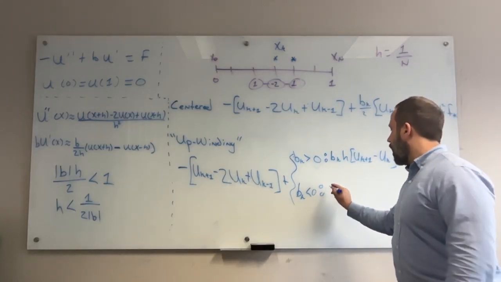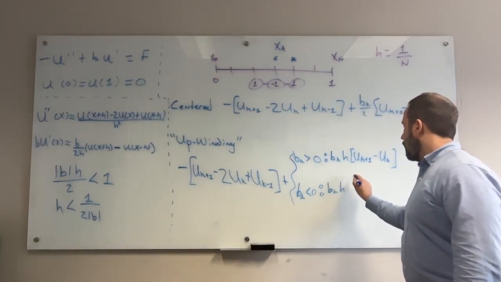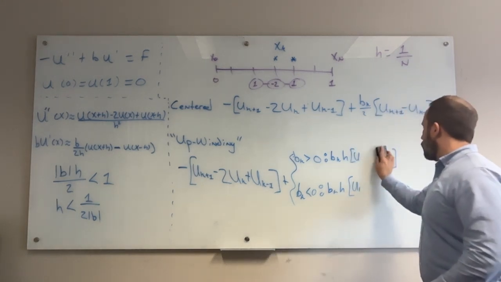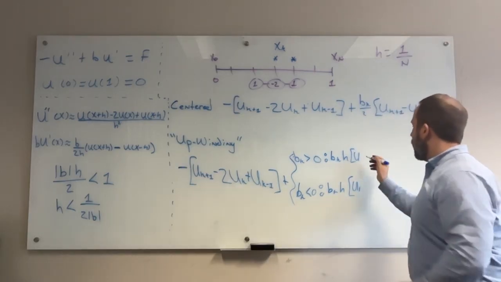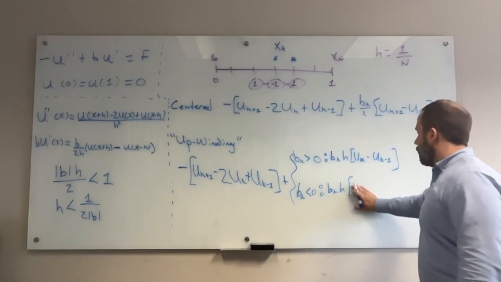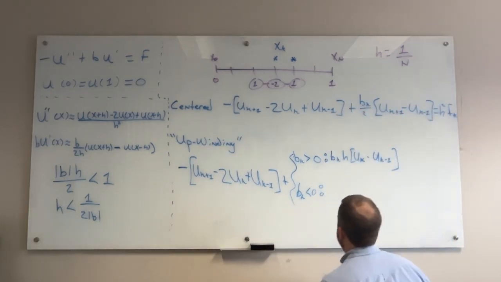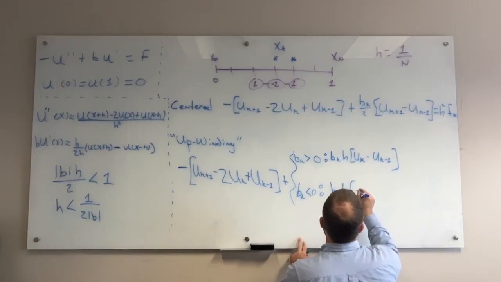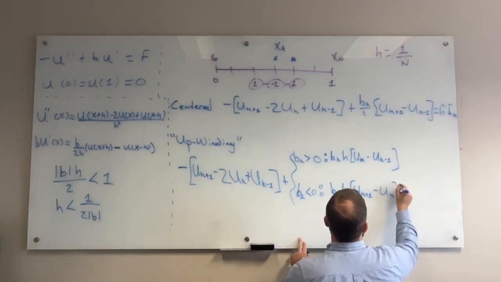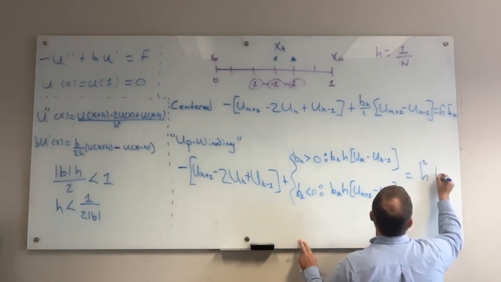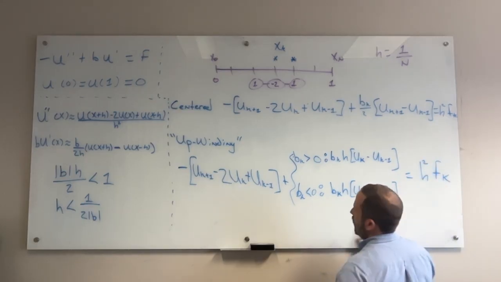So we're going to have b_k times h. Oh, you know what? I got this one backwards. Sorry. Okay, u_k minus u_{k-1}, and then over here, b_k times h, u_{k+1} minus u_k, and this is going to be equal to h squared times f_k, like this.